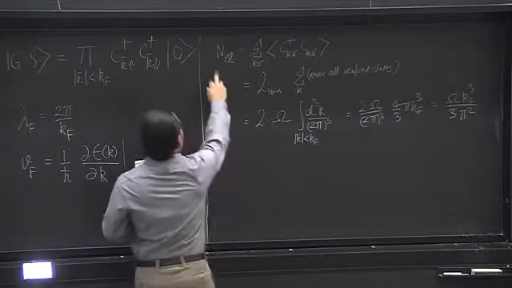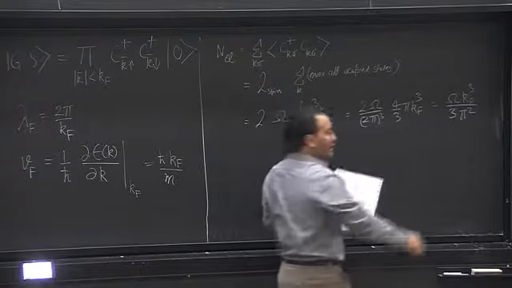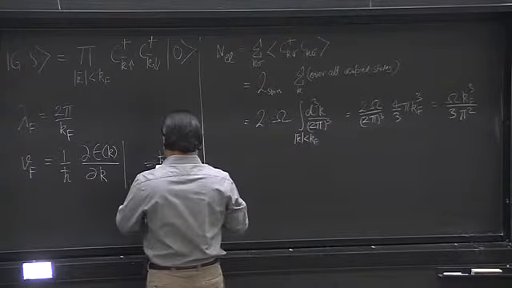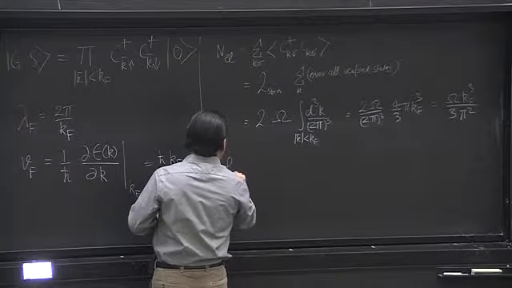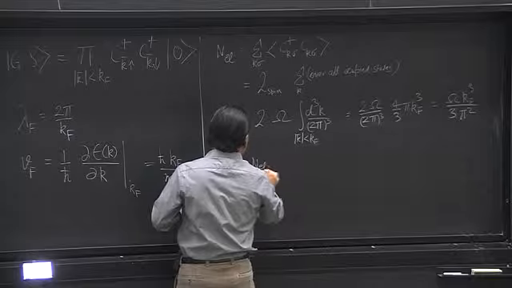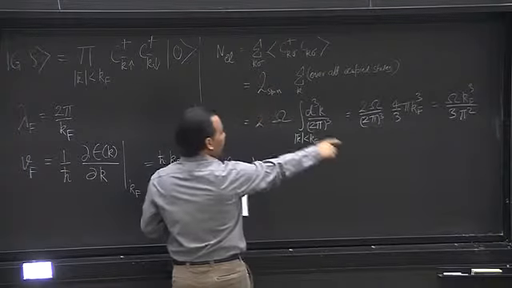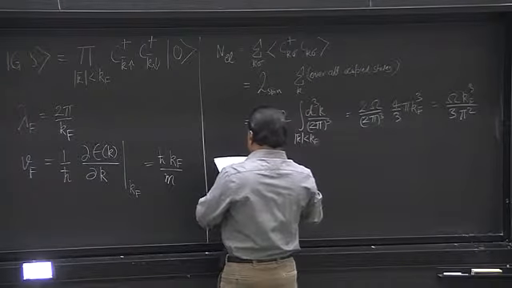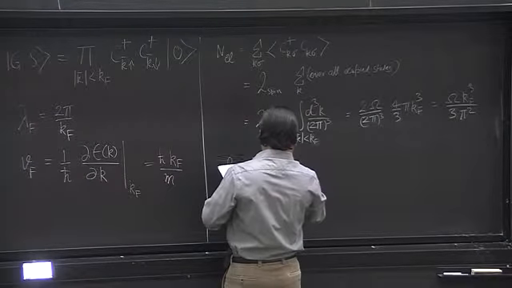So you can write the number of electrons in terms of the Fermi wave vector. The electron density, which I'm denoting by rho electron, is simply this number of electrons over omega, the total volume of the system. So this can be written in terms of the Fermi wave vector.